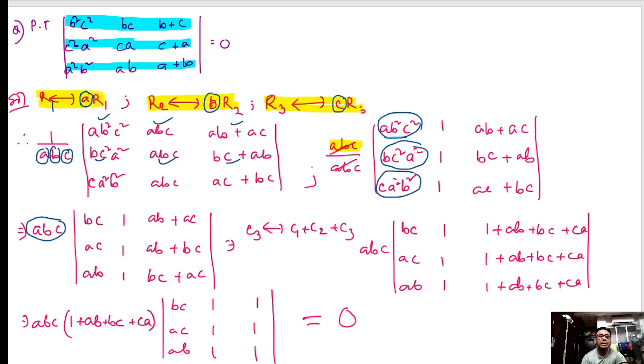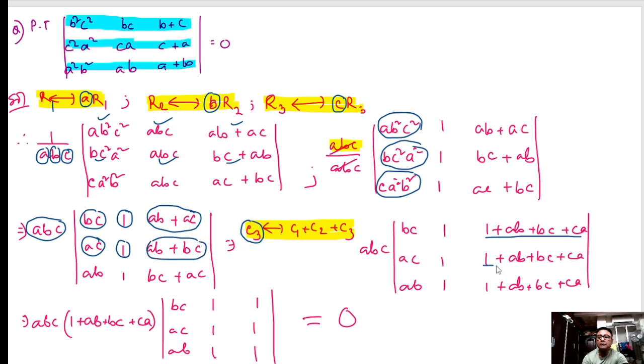Now what we are trying to do after this: in C3, I want to do C1 plus C2 plus C3. That means I want to do this plus this plus this and put it in C3. Similarly, this plus this plus this, I want to put in C3.